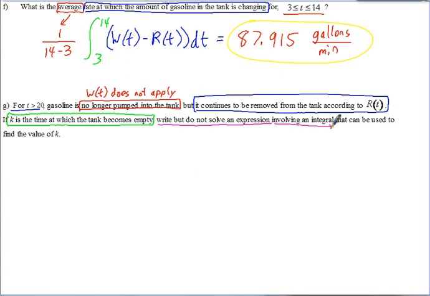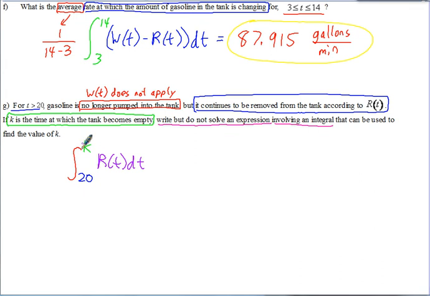So the way we can do this is to say, well, k is when it becomes empty. One of the easiest ways is the integral from, we're going from time 20 on, so the start at time 20 to k, that's when it becomes empty. And here, W of t doesn't apply, so it's just R of t dt. So basically, this integral would tell us how much gasoline is removed from the tank from 20 to when it becomes empty.